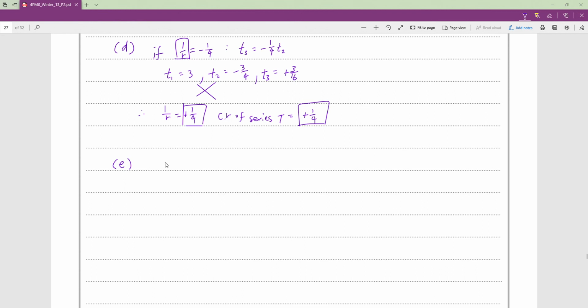That is, the sum to n terms is equal to the first term g times 1 minus r to the power of n over 1 minus r. Well, n is the number of terms and r is the common ratio, is equal to 3 times 1 minus 1 over 4 to the power of 9 divided by 1 minus 1 over 4.